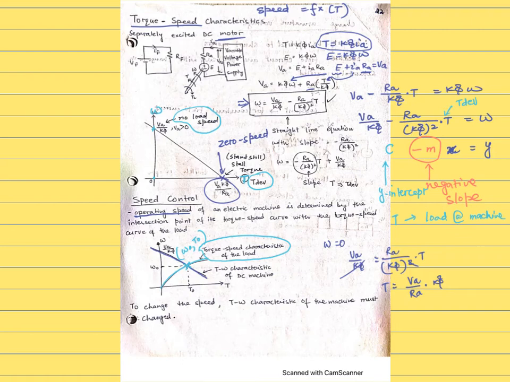What you can change is the purple line in order to change the intersection point. So to change the speed, the torque speed characteristics of the motor must be changed. Now we're going to see what we need to do for that.